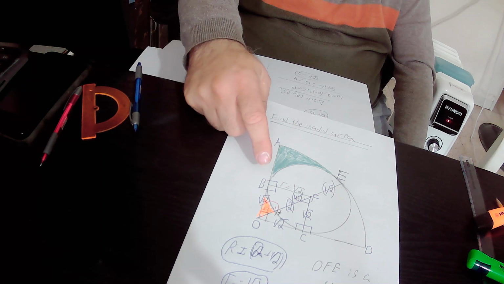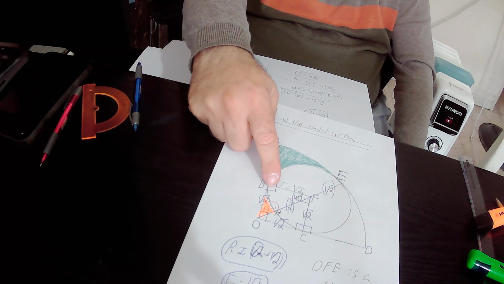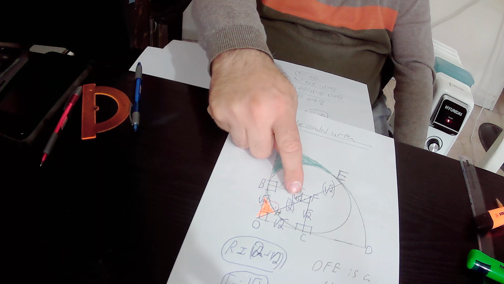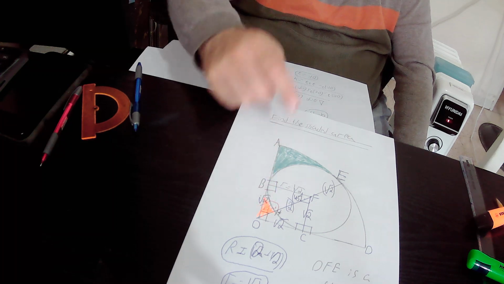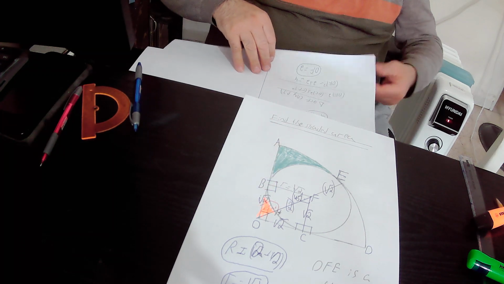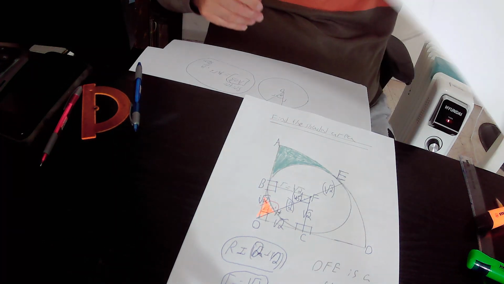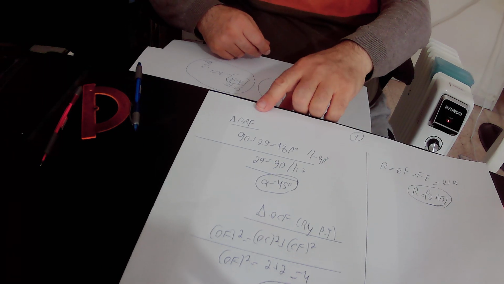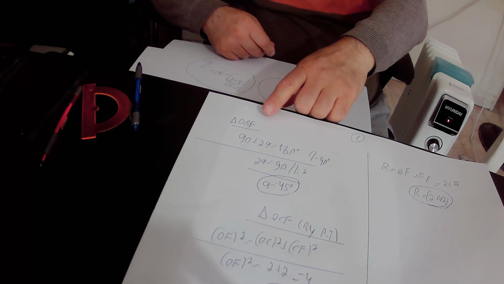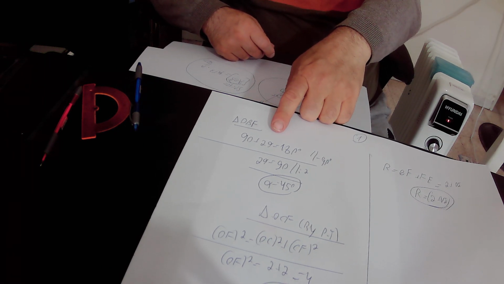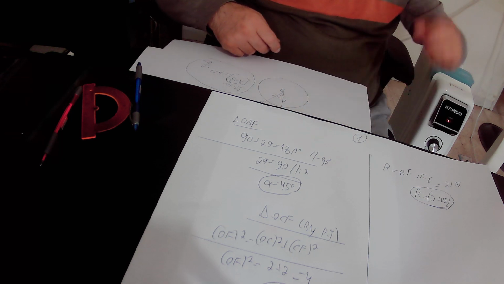So which angles do we have inside the right triangle OFB? We have this angle that is the right angle, plus this angle that is alpha, plus this angle that is alpha. So here, in the right isosceles triangle OBF, 90 degrees plus 2 alpha must be equal to 180 degrees.